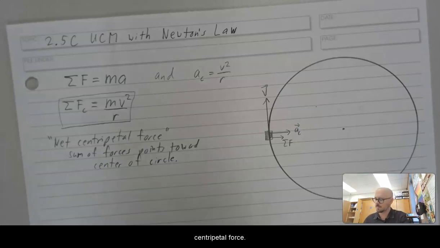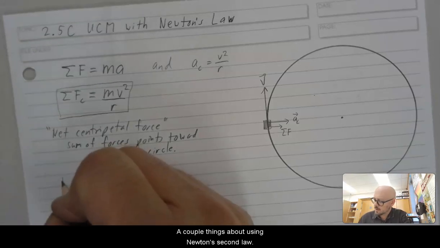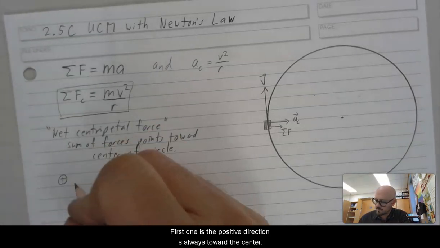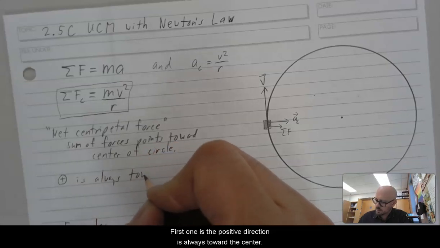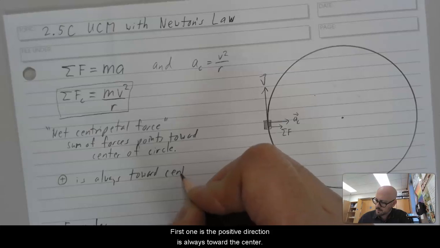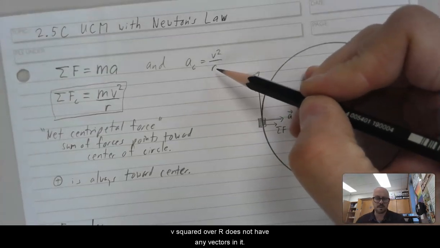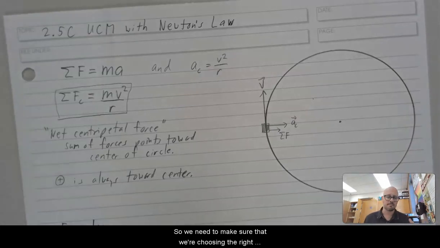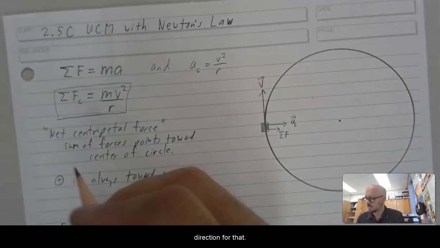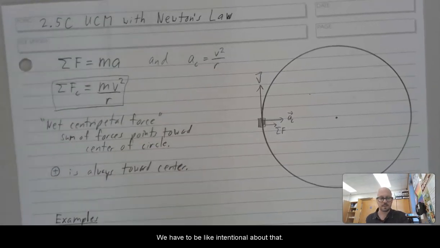A couple of things about using Newton's second law. First one is the positive direction is always toward the center. That's going to make things easier because this equation v squared over r does not have any vectors in it. It just has scalar quantities. So we need to make sure that we're choosing the right direction for that. We have to be intentional about that.